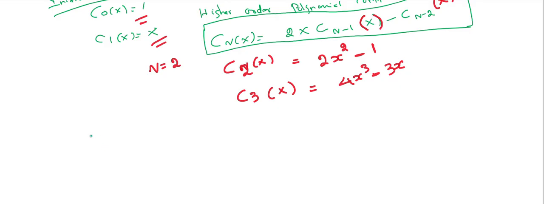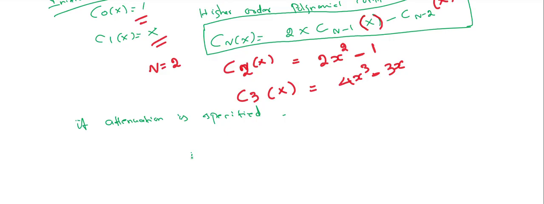And if attenuation is specified at a particular stopband frequency, the order n can be calculated by using this formula.